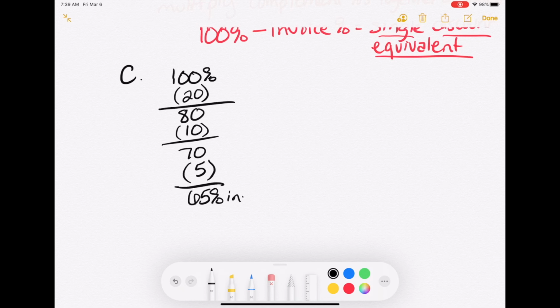This is our invoice percentage. Okay, so it asks us to find the amount of trade discount and the invoice price. So to find the invoice price, we can just simply take 900 times 0.65. The invoice price is $5.85.